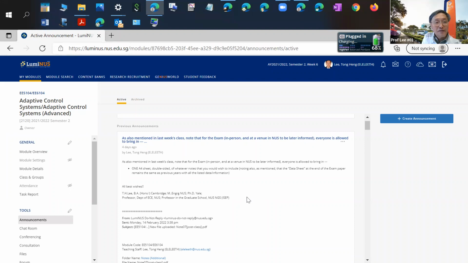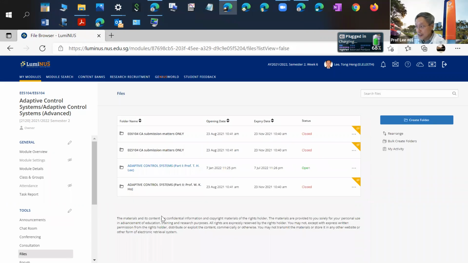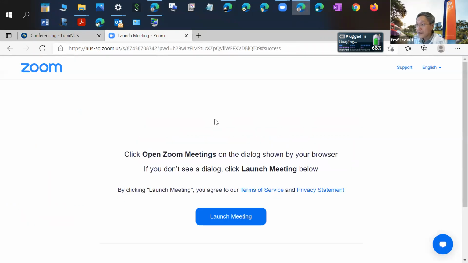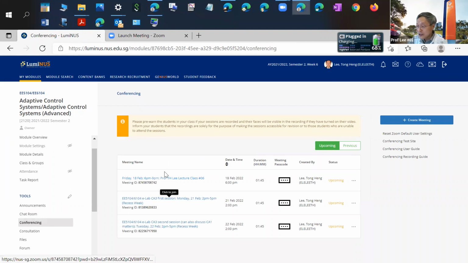They will be the persons leading the ELAB sessions. Today is the lecture class, then ELAB sessions are next week. They will guide and lead you on the ELAB session.